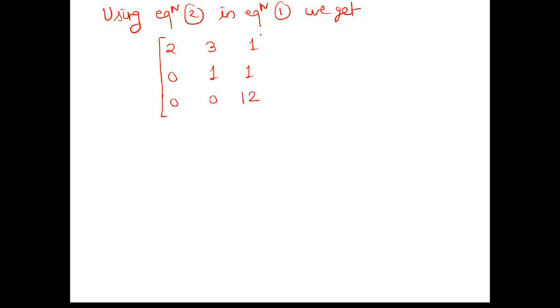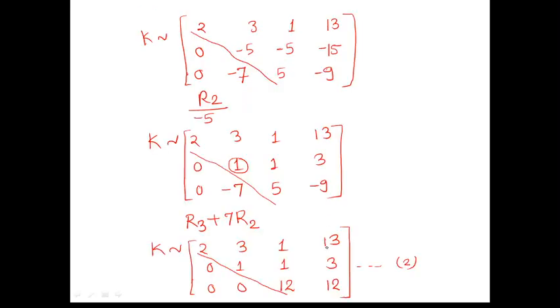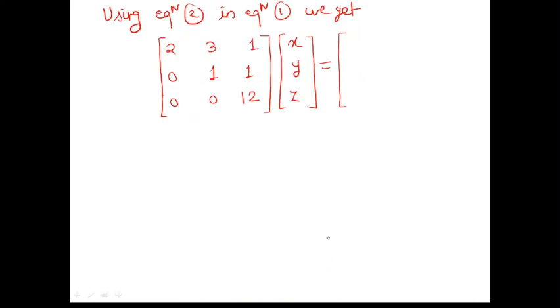This is what I am having as A. Then we will write a variable matrix, that is x y z, equal to the constant matrix, that will be nothing but the last column of this, that is 13 3 12.